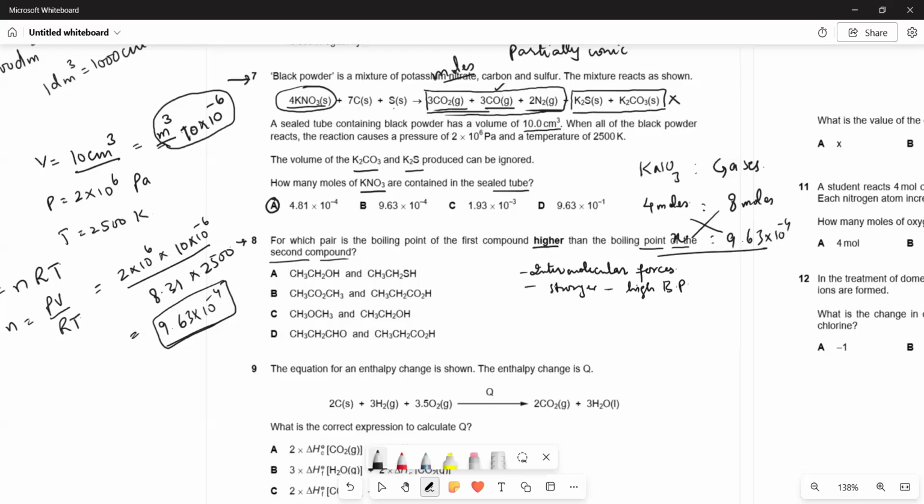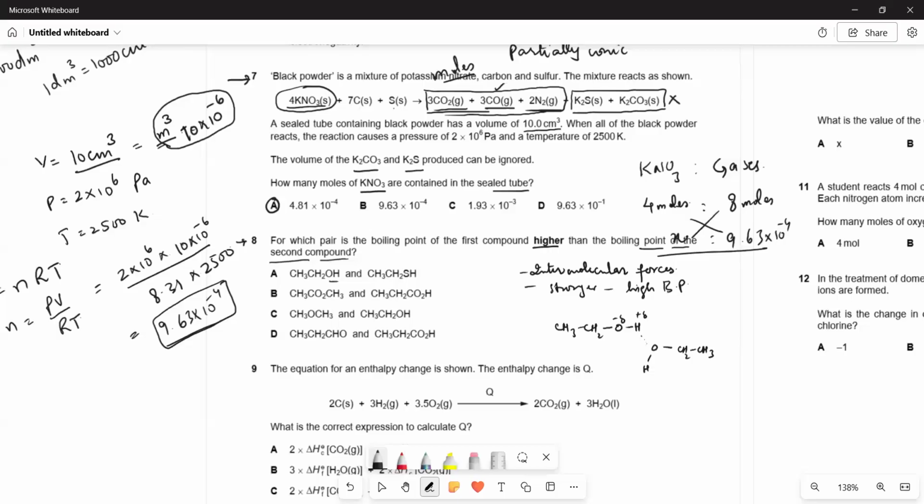Okay, let's see option A. In option A, we have an alcohol, CH3CH2OH. This OH group is responsible for hydrogen bonding. It can make a hydrogen bond with another alcohol molecule, isn't it?